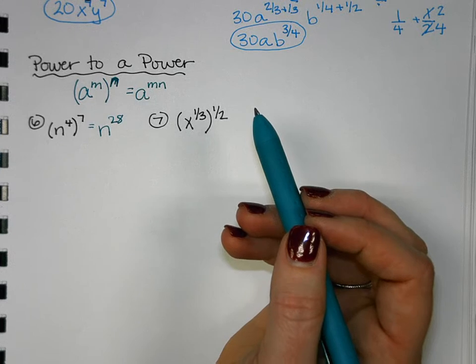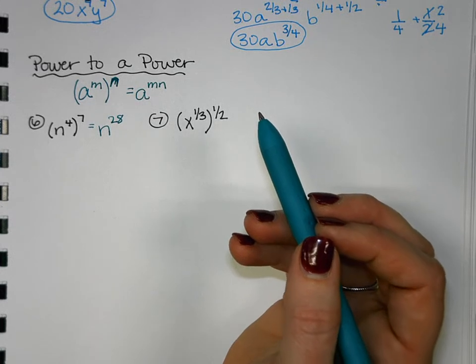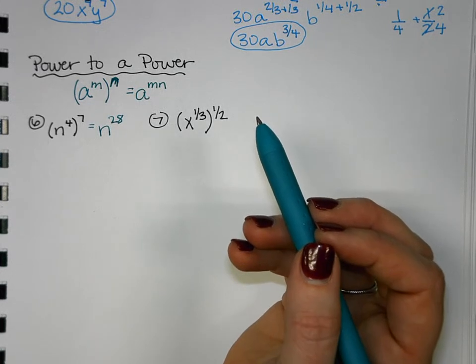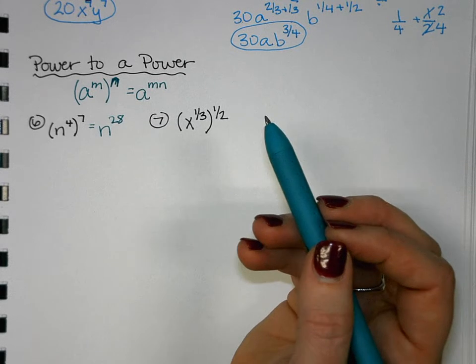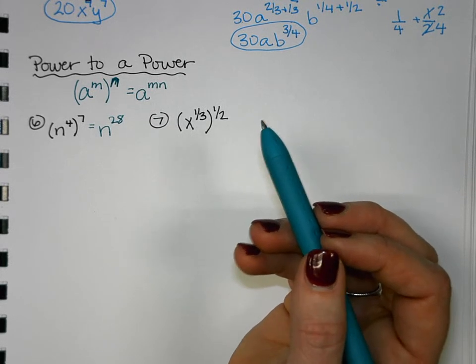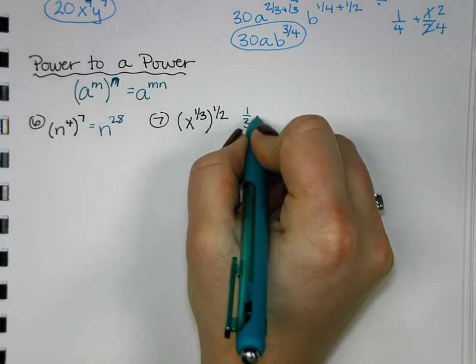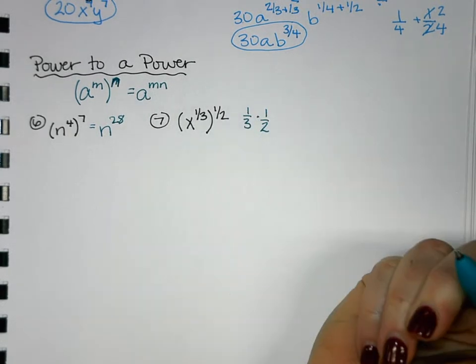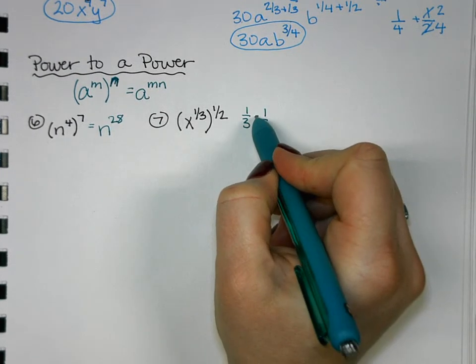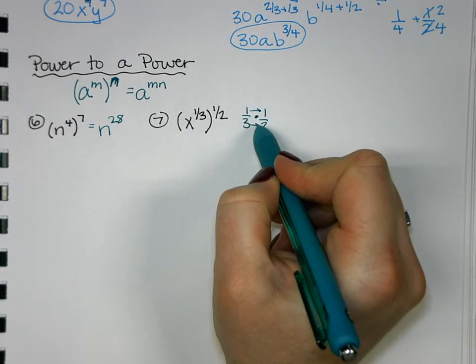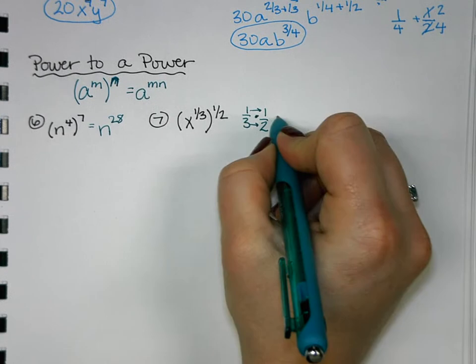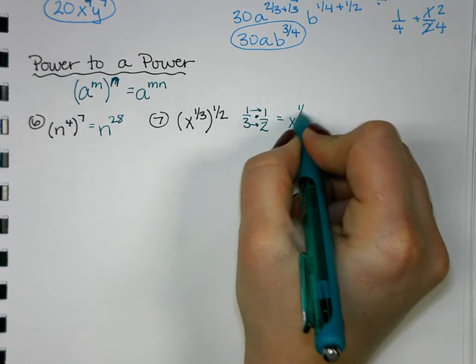Are we adding them or multiplying them? Multiplying. You only have to get a common denominator when you add and subtract. So how do we multiply fractions? So 1/3 times 1/2. We just multiply straight across. So we end up getting x to the 1/6.